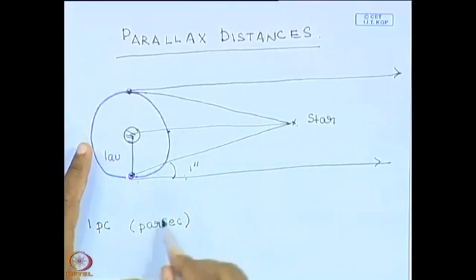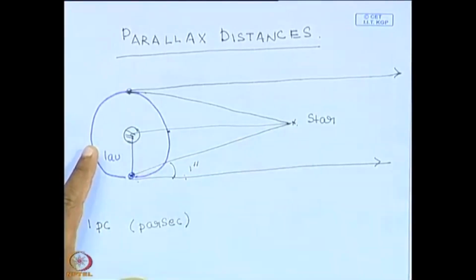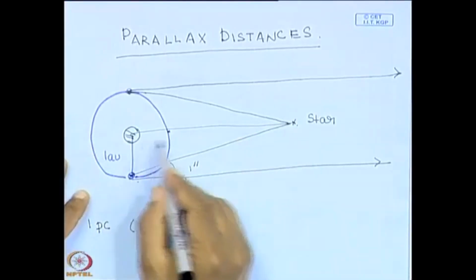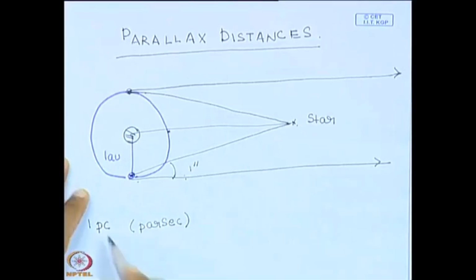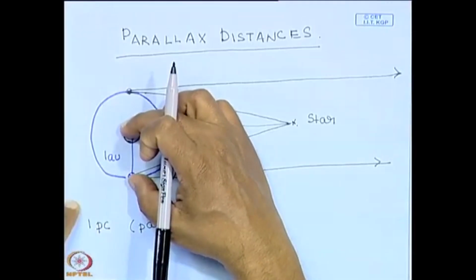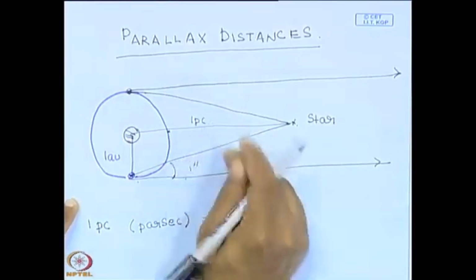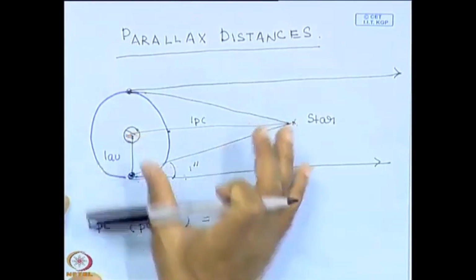So, 1 parsec is this distance, and we can calculate how much it is. 1 astronomical unit is 1 parsec, the radius, times this angle.